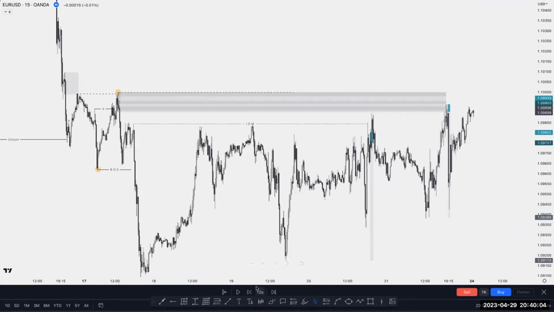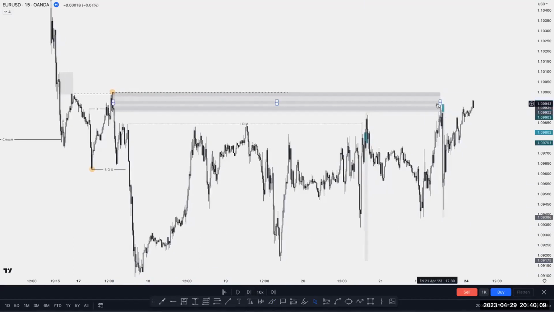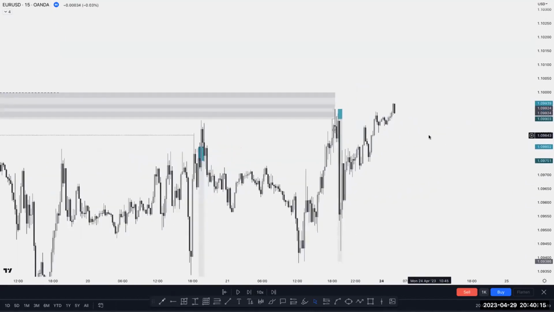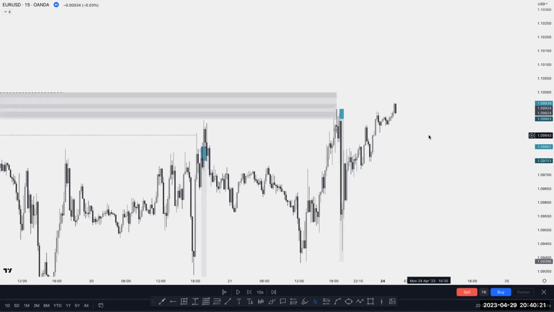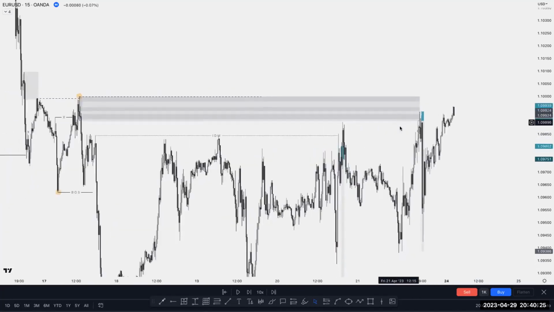So what can we expect here? We can expect market must break this high, which is already broken. It means we can buy here for the short term. And this is our 50% probability for buy. Why? Because we are willing to buy here based on this current momentum, current price action.